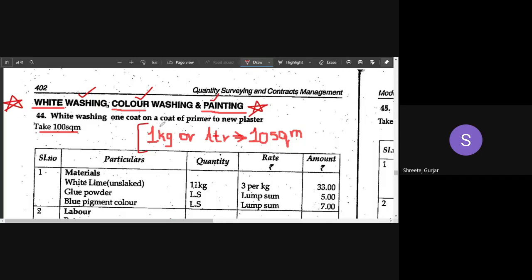So if it is given in kg, assume 1 kg, or if it is in liters, assume 1 liter. 1 kg or 1 liter of paint or powder will allow you to paint 10 square meters of surface. This thumb rule is very important to remember, as it will help you in preparing your analysis of rates.